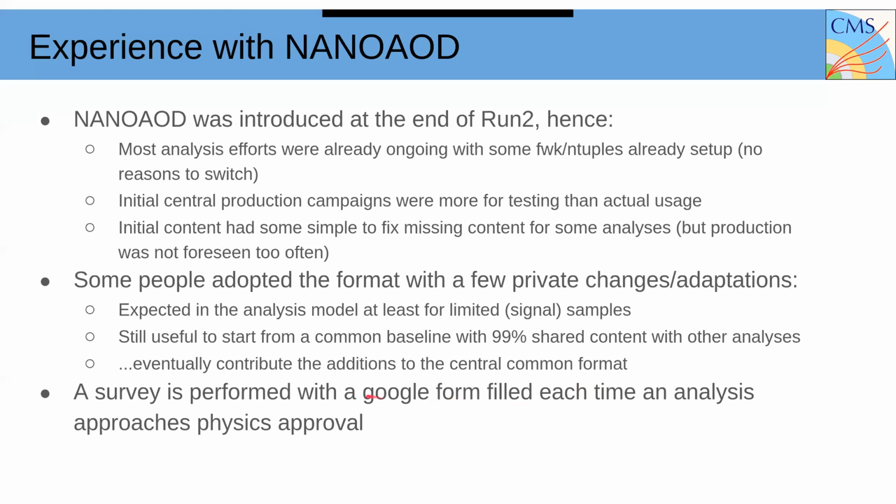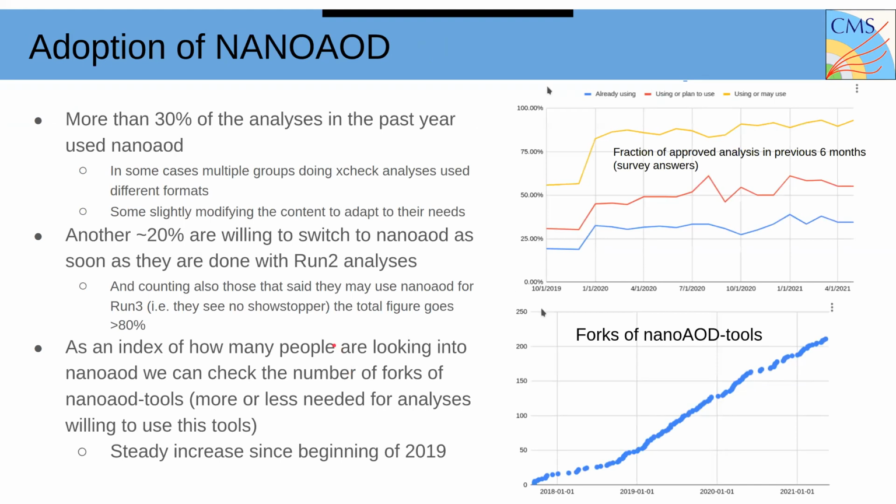Now, a survey has been performed in CMS with a Google form that was filled each time an analysis approached physics approval, and I tried to look through it to understand how things evolve. In the past year or so, more than 30% of the analyses used at least NanoAOD, because some of them are using NanoAOD as well as MiniAOD.